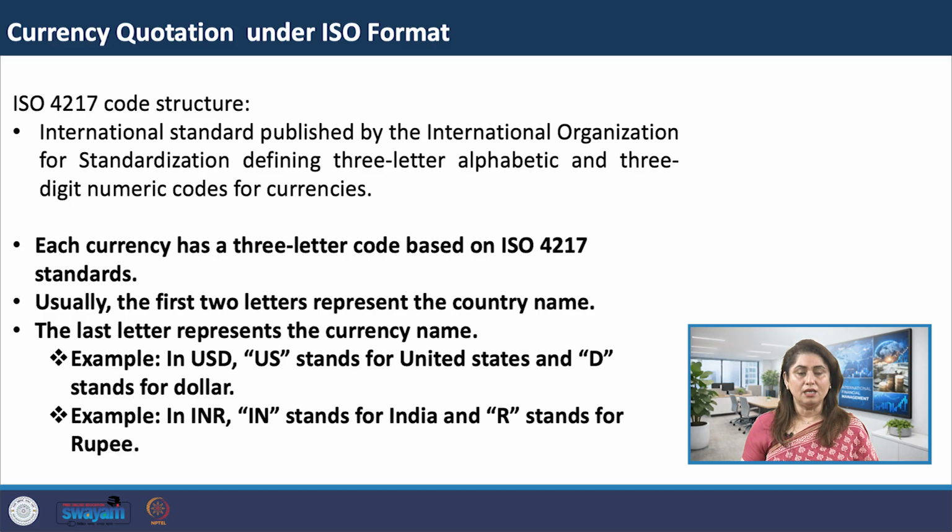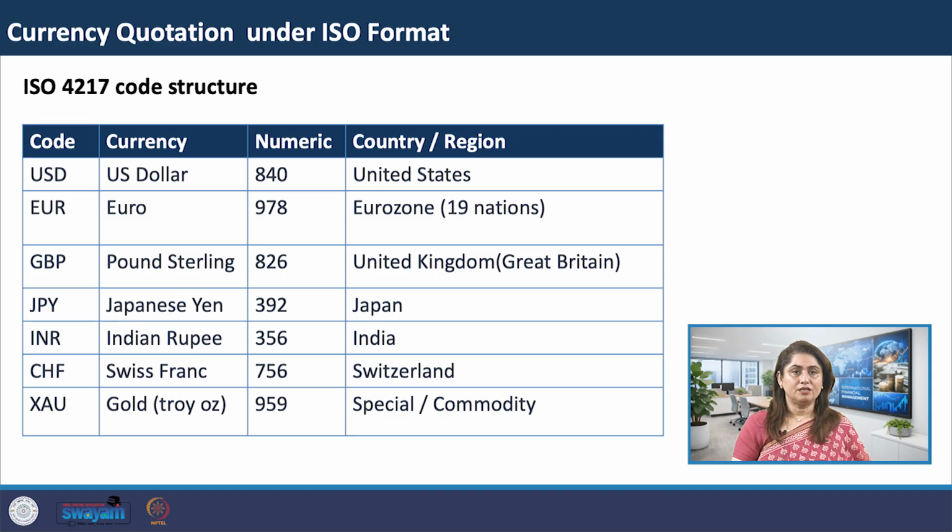For example, in USD, US stands for United States and D for dollar, while in INR, the first two letters represent India and the last letter R represents rupee. As you can see in the table, the currency code of pound sterling is GBP, where GB stands for Great Britain and P stands for pound, while the numeric code is 826.